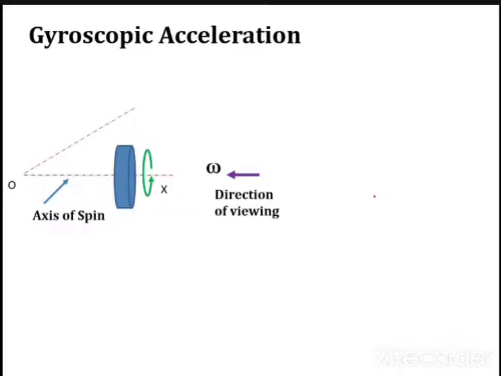After some short interval of time, let us say that this disk is spinning about a new axis. So what is this new axis? OX dash. What I meant to say is that initially the disk was spinning about the OX, looking from this direction, observer, and rotating in an anti-clockwise direction.